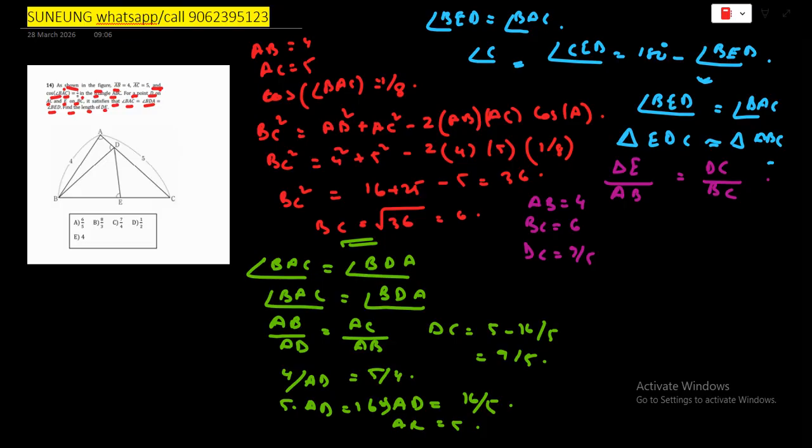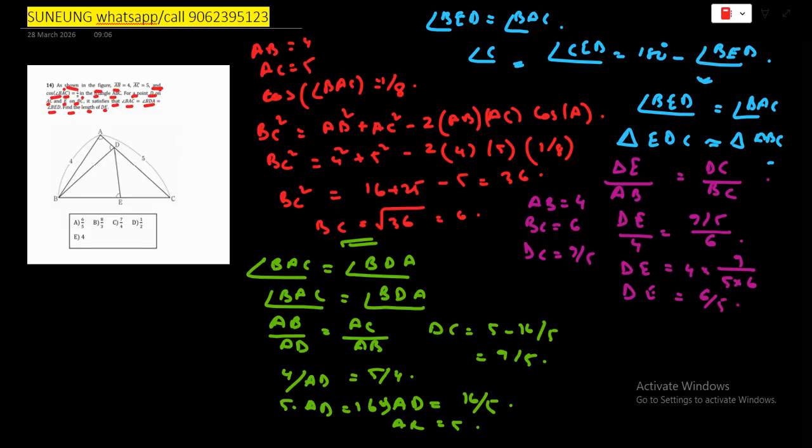Let's plug and play now. So DE by 4 will be 9 by 5 by 6. So DE will be 4 into 9 by 5 into 6, so DE will be 6 by 5.